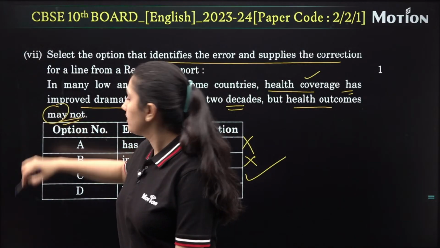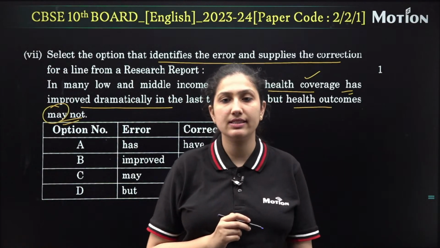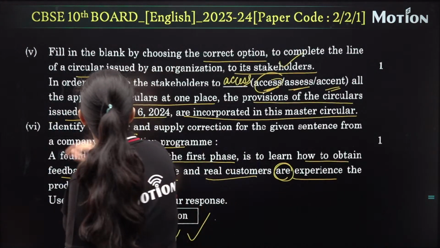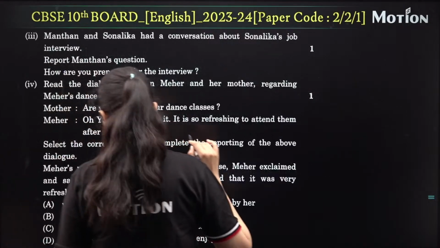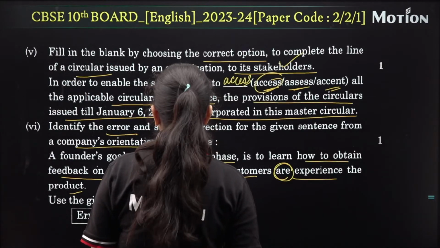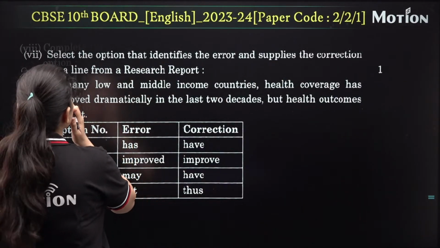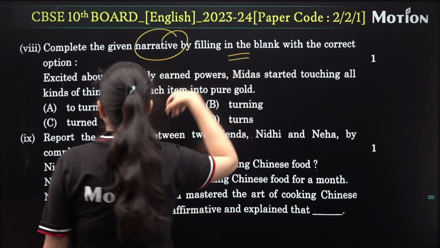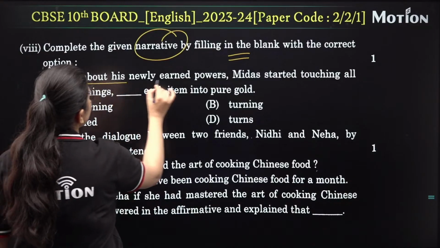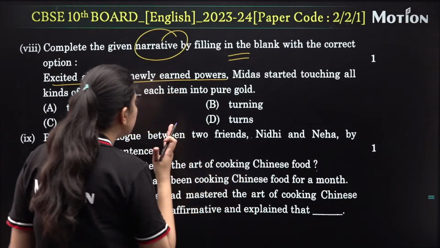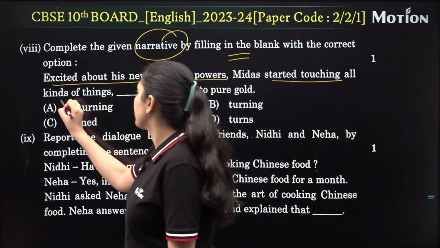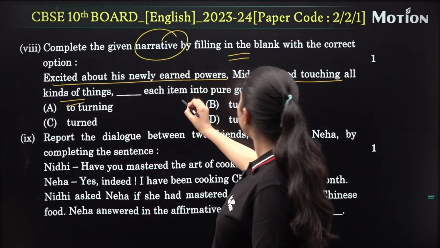Alright, am I clear with this? Very good, students. Next, fill in the blank. Complete the given narrative by filling in the blank with the correct option. Excited about his newly earned powers, Midas started touching all kinds of things, dash each item into pure gold.